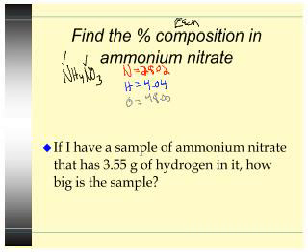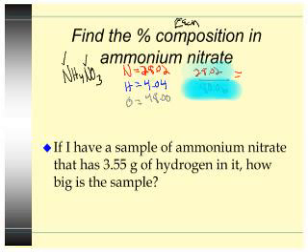And then if I want to find the percent composition of each of these, I would take my 28.02 over the total, which is 28.02 plus 4.04 plus 48, which is 80.06. I just want to say again that I include my 28.02 in my total.